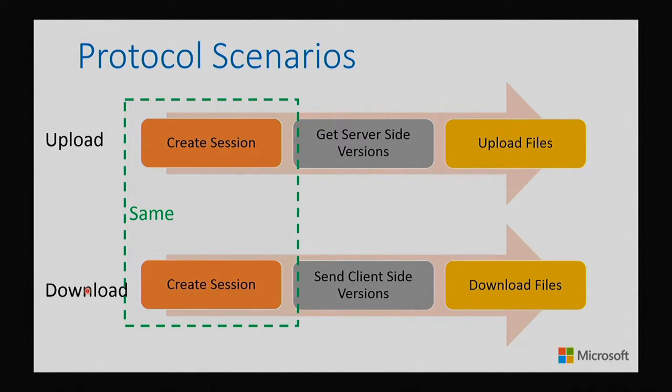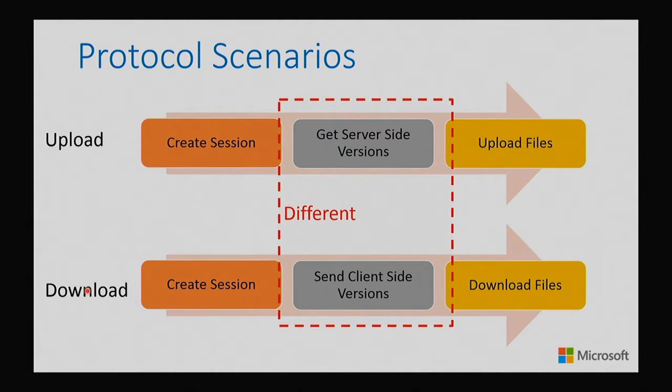The first step is that the client side should create a session with the server side, and it should determine whether the session is used for upload or download purposes. If the session is used for upload, the client side should get the server side file versions to see whether the files on the server side are newer than the local ones. If they are, it should try to resolve the conflict on the client local device, and then upload the files.